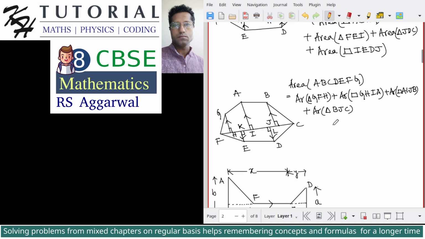So this is the whole area of the figure above the diagonal FC.